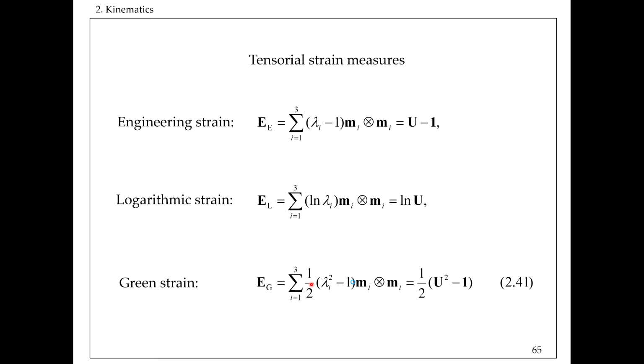And as we keep going, all right, let's focus on the Green tensor and for simplicity drop this G. We will not use engineering strain very much here in the continuation, because we learned that it doesn't contain the non-linear terms in the changes that we want to capture. So we could use logarithmic strain, but sometimes the logarithm operation is not very convenient for us.